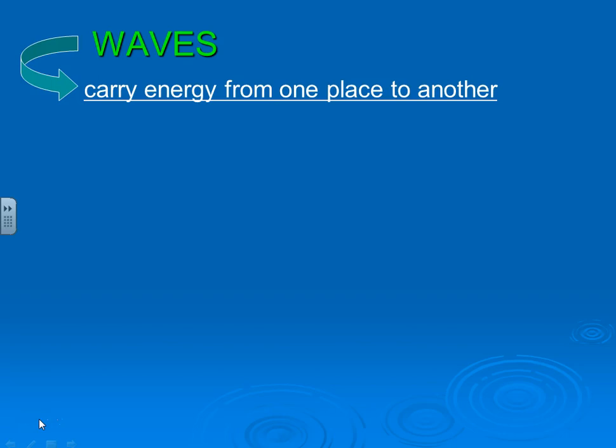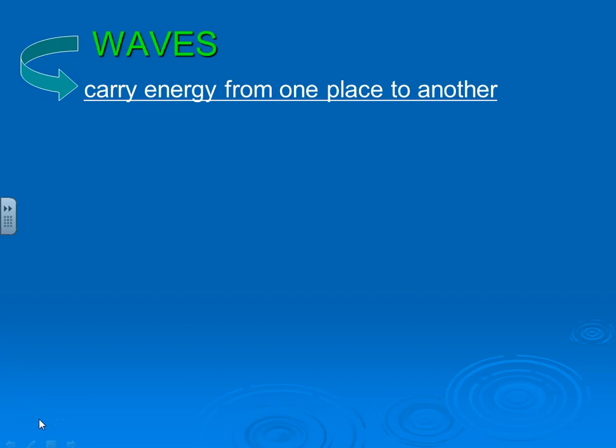So what are waves? Well, they carry energy. Waves carry energy from one place to another. That's what a wave does. Carries energy, transfers energy, moves energy from one place to another.